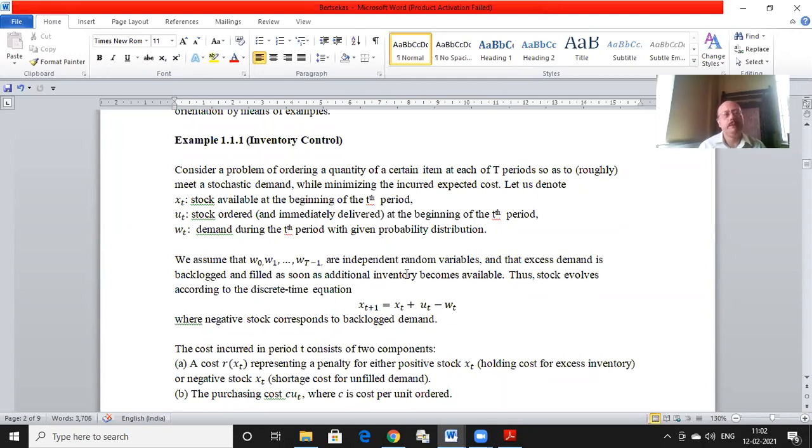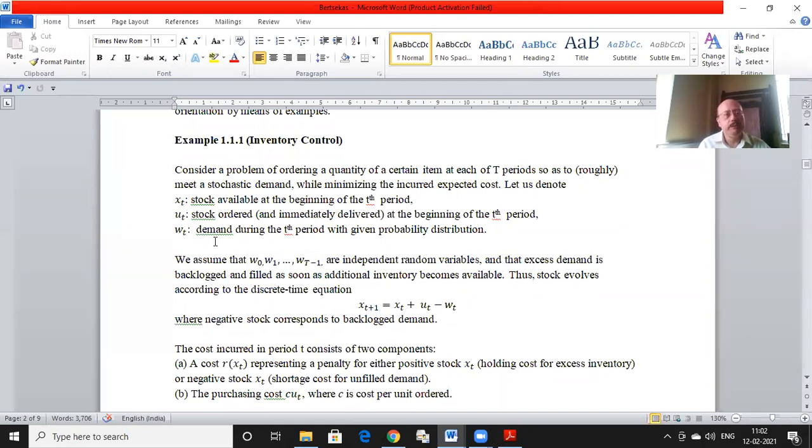So some demand is coming. If I can meet it, fine, but if I cannot meet, then there is some excess demand that remains on my ledger that is backlogged and filled as soon as additional inventory becomes available.